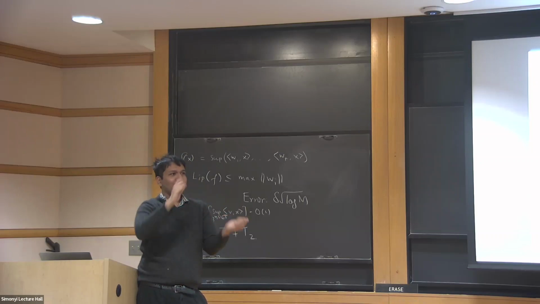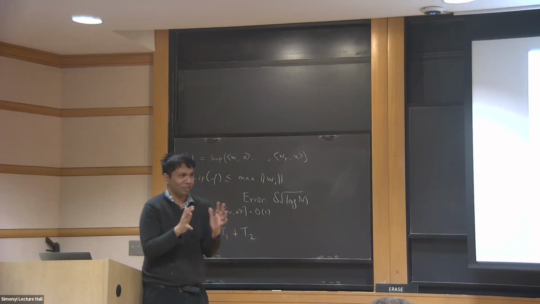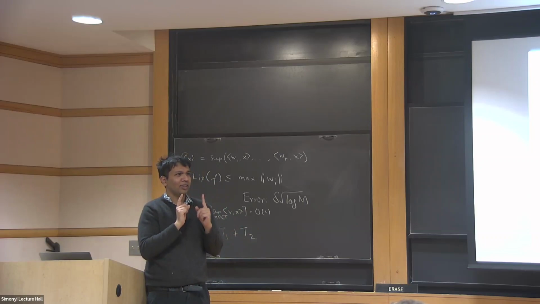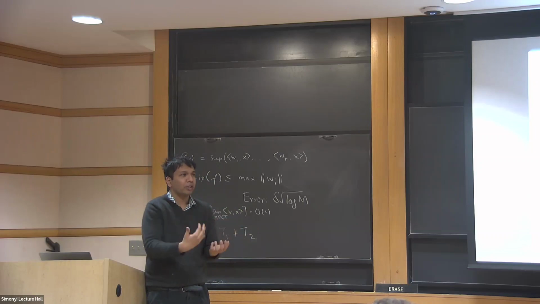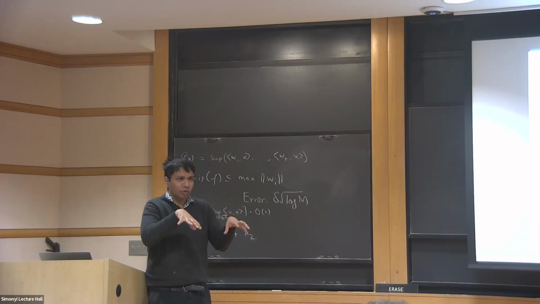Because the analog of this statement over the Boolean hypercube is true. Every constant width CNF or DNF could be approximated by a CNF or DNF with only a number of variables which depends only on the width, under the uniform distribution.